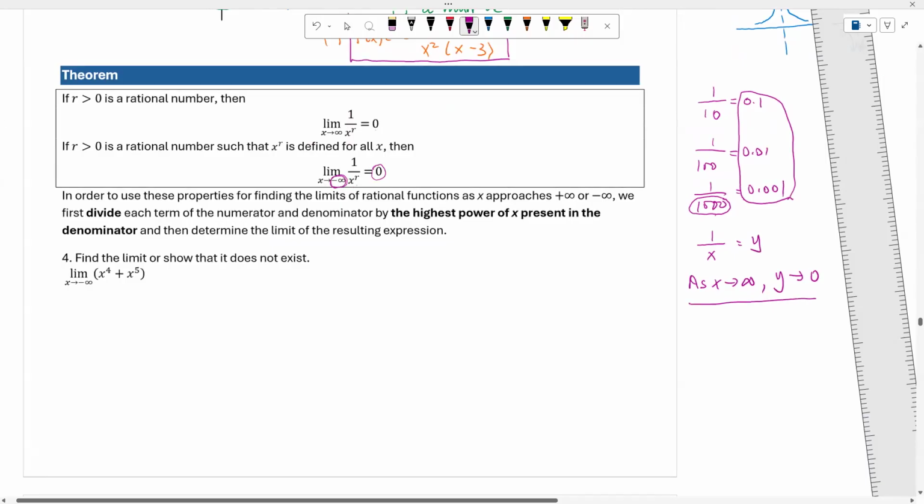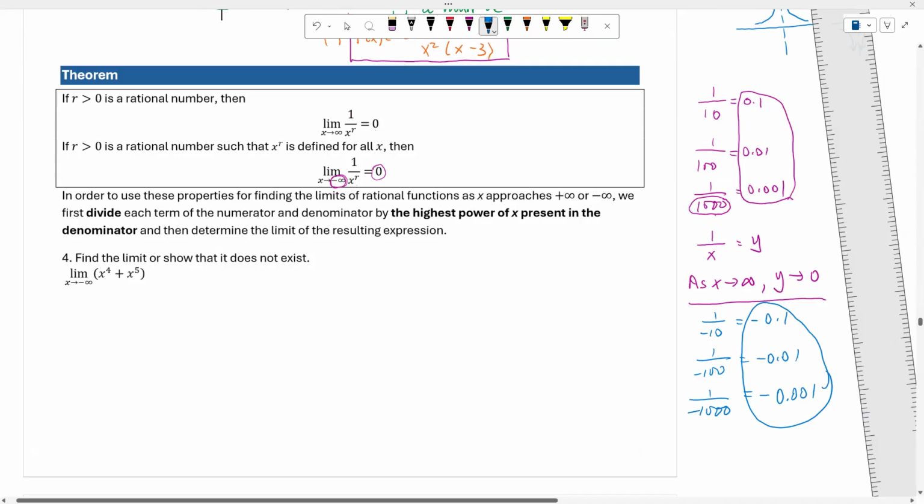Again, let us think of this situation. 1 over negative 10 is negative 0.1. 1 over negative 100 is negative 0.01. 1 over negative 1,000 is negative 0.001. Do you see that the output is getting closer and closer to 0?